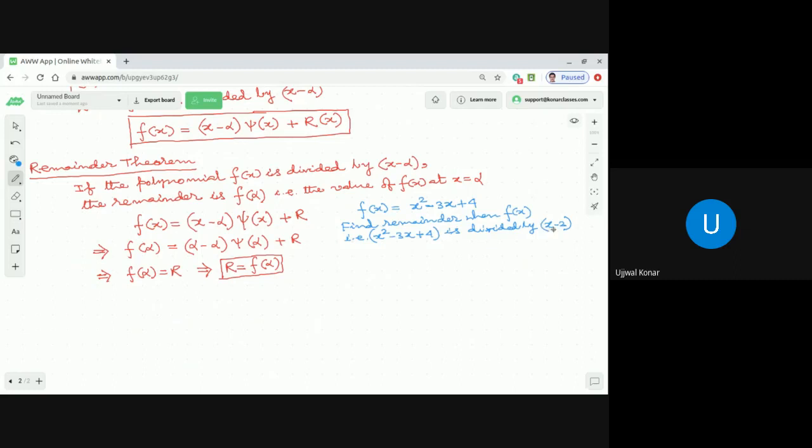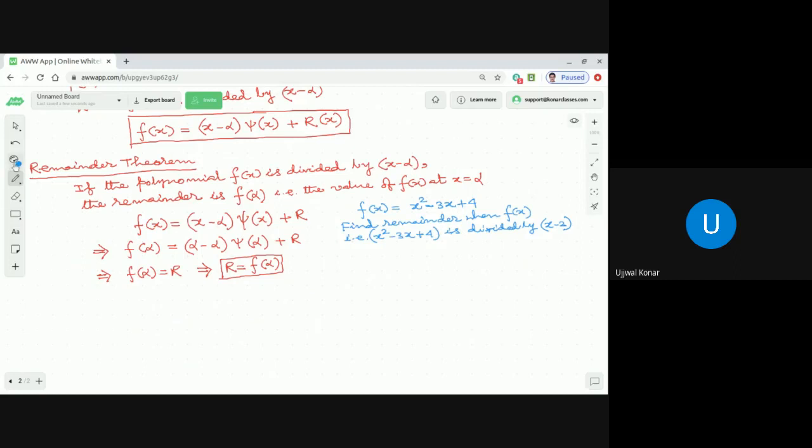Correct? That is our task. So one way is that we can do a long division. But another way of doing is that just find the value of f(2).